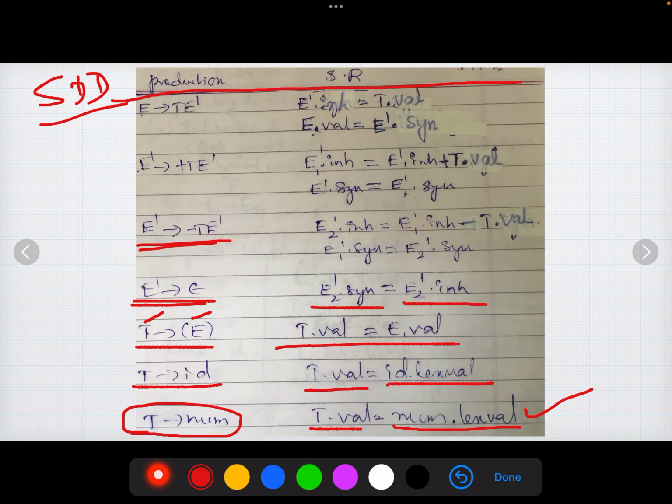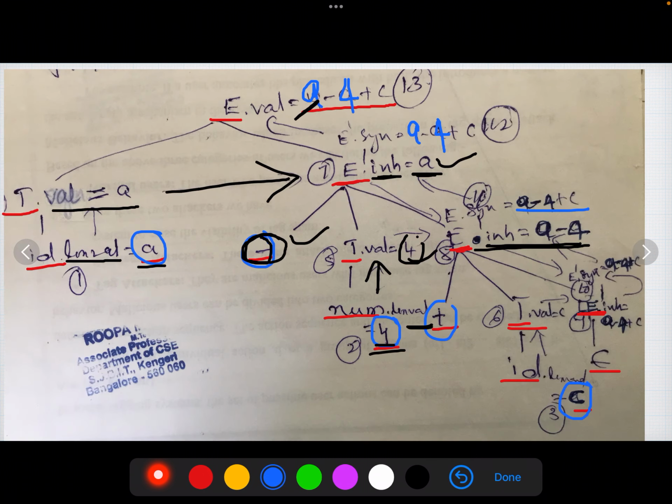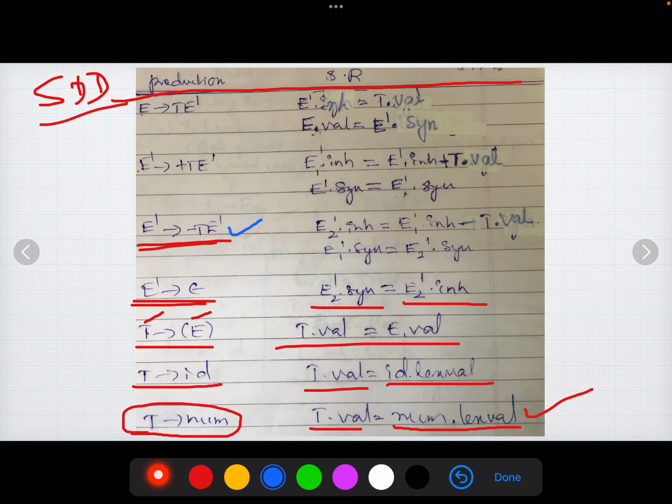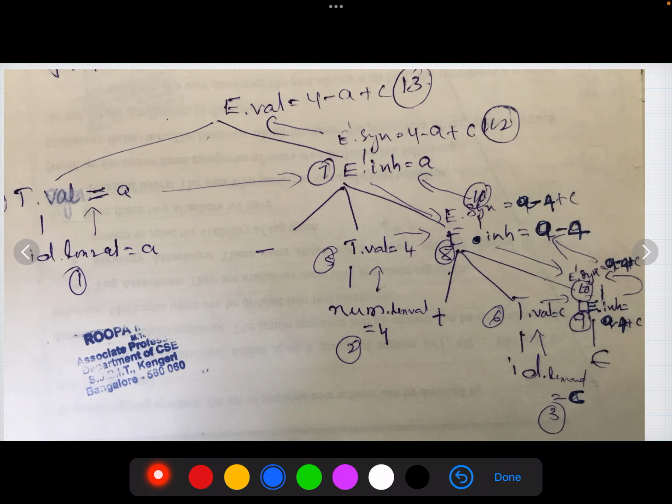Next, because of this production, if you go back to the tree, here what you should do is take this production and move here. So this is your subtree. What is the action you are performing here?